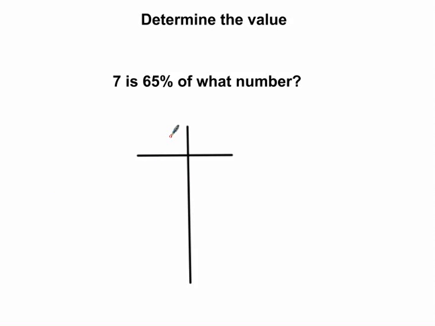In this type of problem, when you have a percent and a number, 7 is 65% of what number? Now, we're given a part. We don't know what 100% is. The question is asking, 7 is 65% of what number? So we need to find the number, which means we need to find what 100% corresponds to.